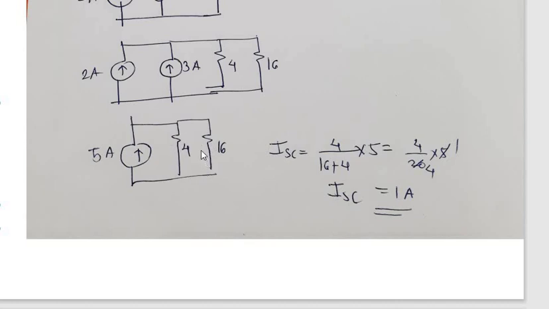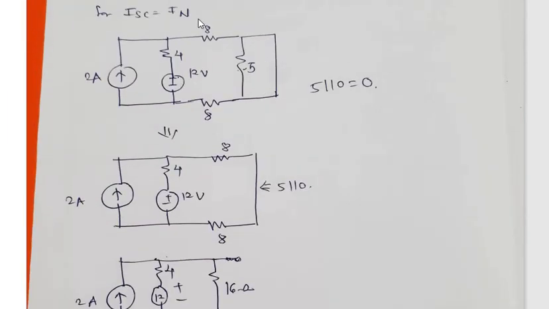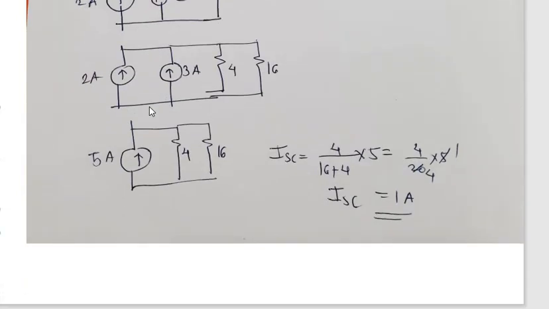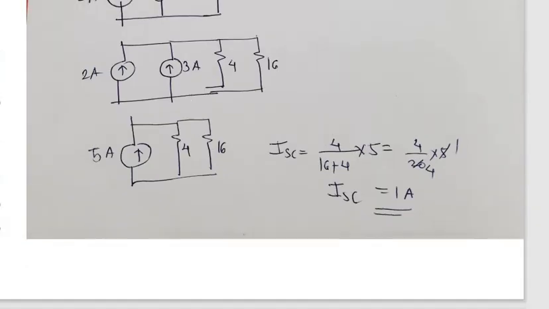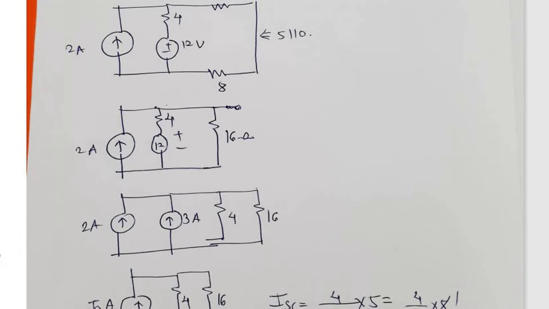Now since we want to find the current coming in this direction, that is the short circuit current, that is nothing but Norton's current, IN. So here it is 2 plus 3, 5 ampere total current.